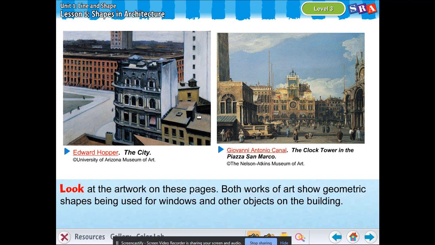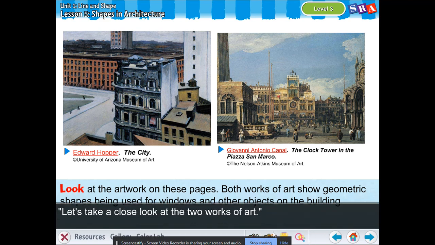Voila. So we're going to look at these two different artworks on these pages. Both of these pictures are paintings of architecture, buildings. Both show geometric shapes being used for windows and others on the building. Let's take a close look at the two works of art.